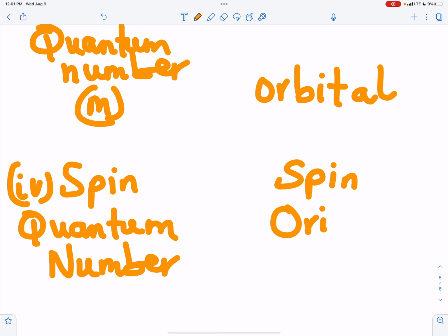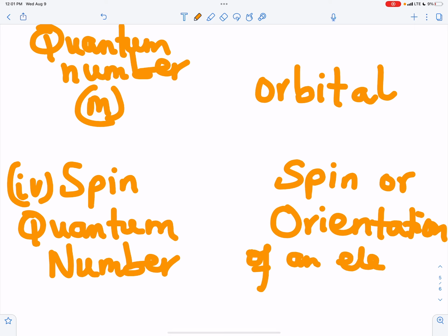This one gives you the spin or orientation of an electron in an atom.